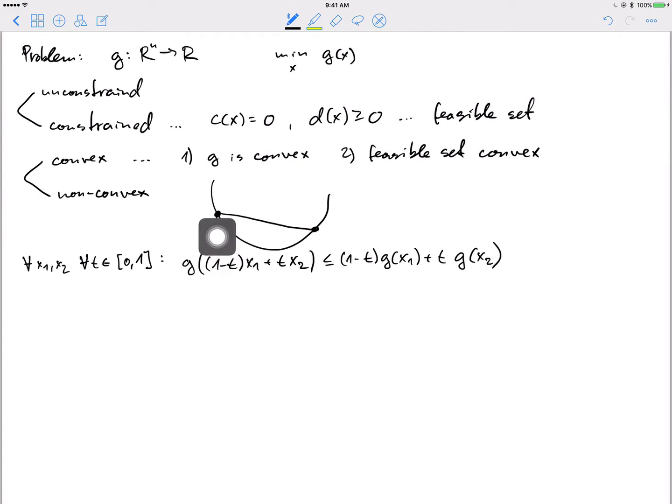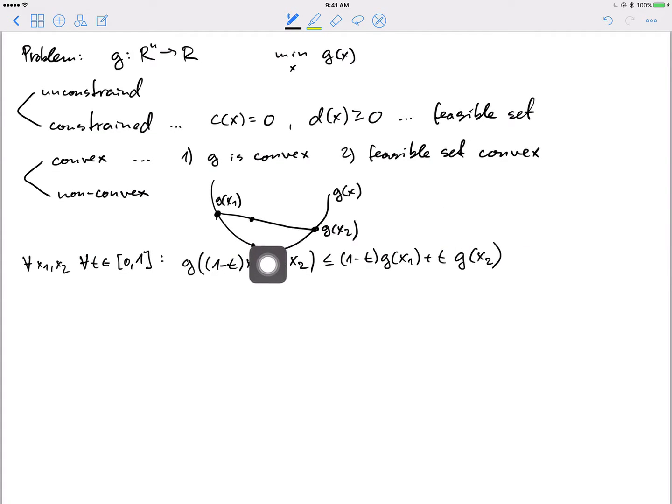That's exactly the picture to have in mind, and this is the corresponding formula. This value is g(x1), this value is g(x2), this is for t equals 0, this is for t equals 1, and if I take t, I don't know, 0.3, and I evaluate the function g, this is the g function, right?